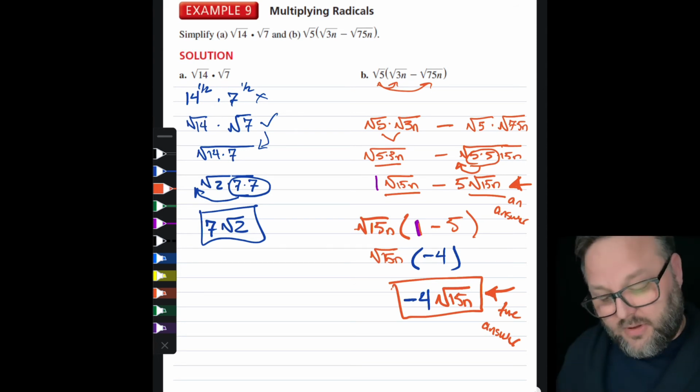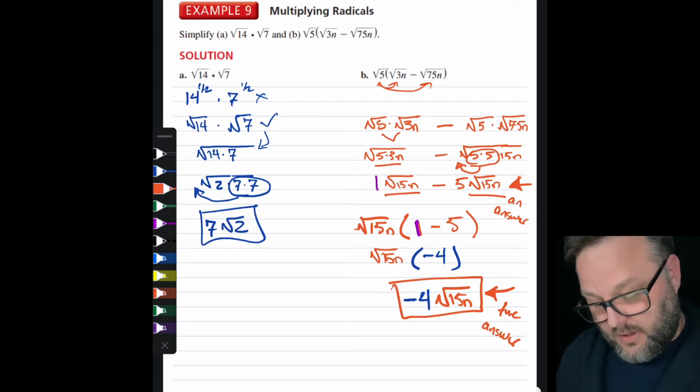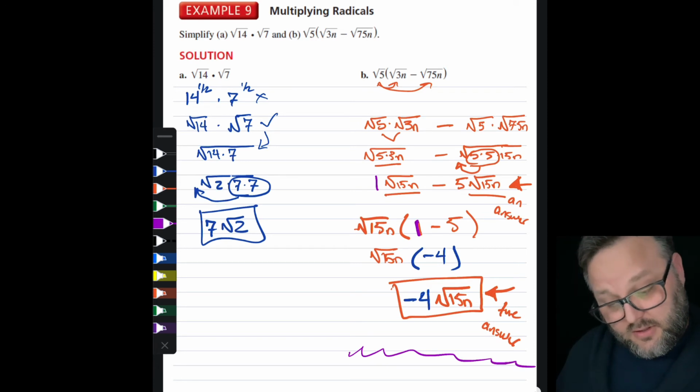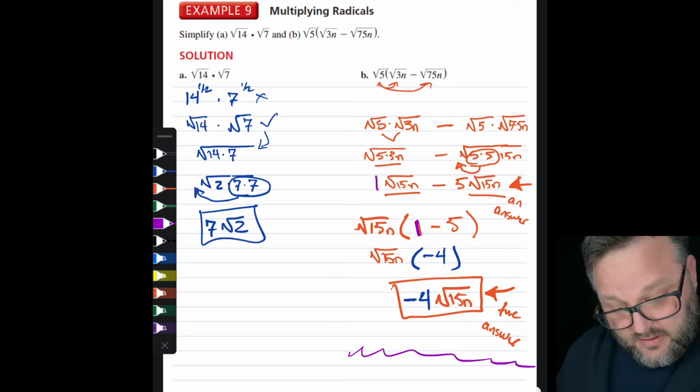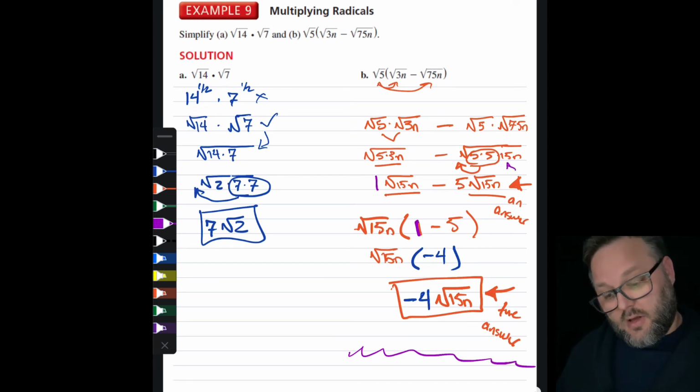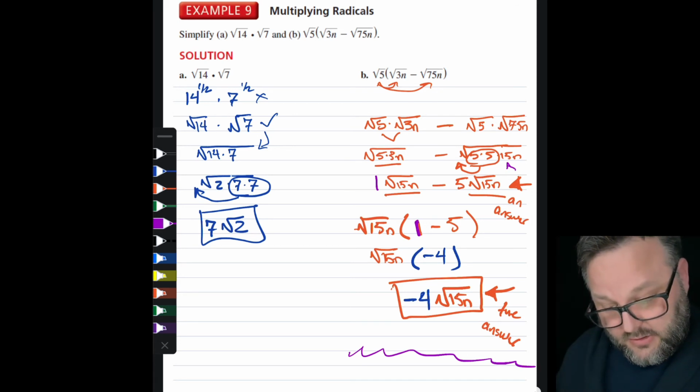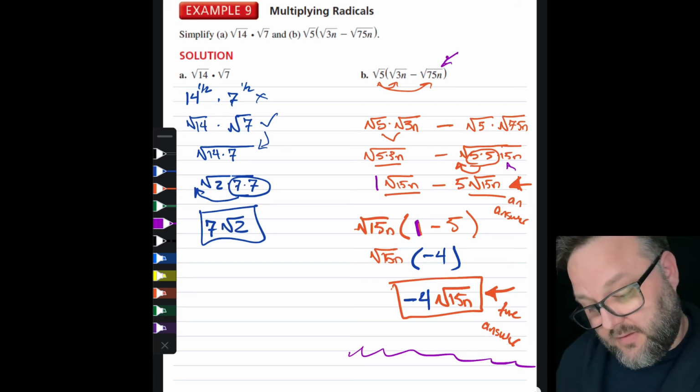Now, on B, there's a little bit different way if we wanted to do it. It's going to come from looking at this here, but we're going to look at it in terms of this. If we took this 75 before, we would actually have 3 times 25, and 25 is 5 and 5.